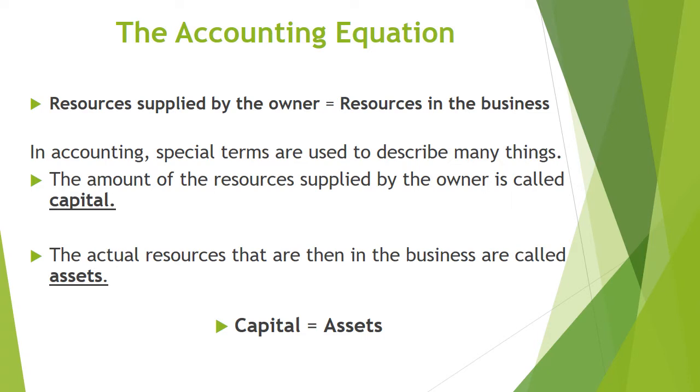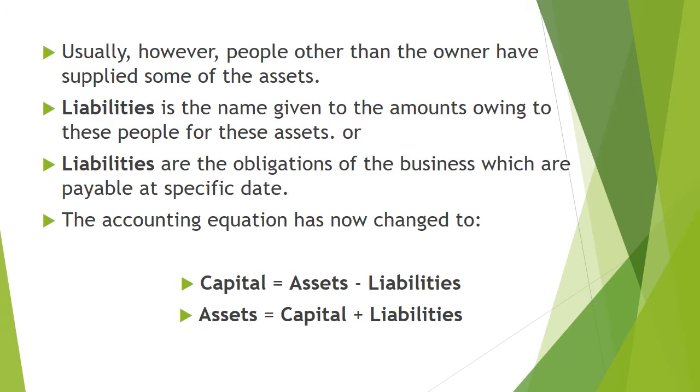It means the actual resources will be called assets, and the resources supplied by the owner is called capital, and capital will be equal to the assets. Usually, however, people other than the owner have supplied some of the assets.